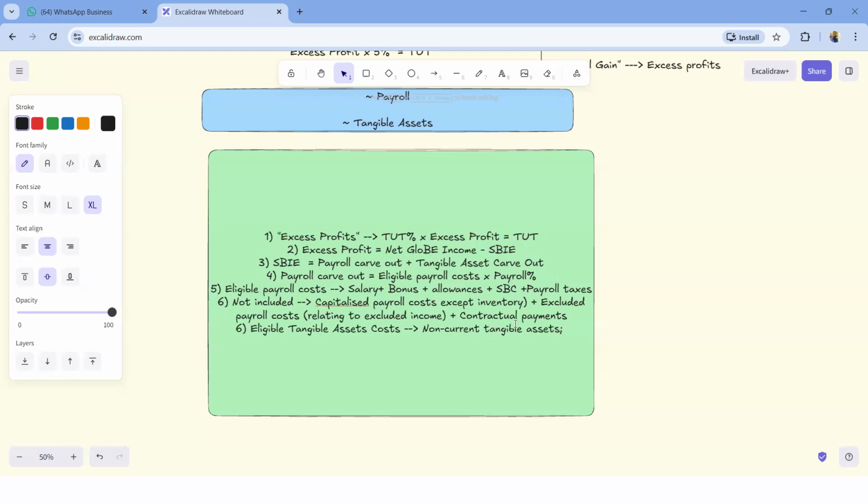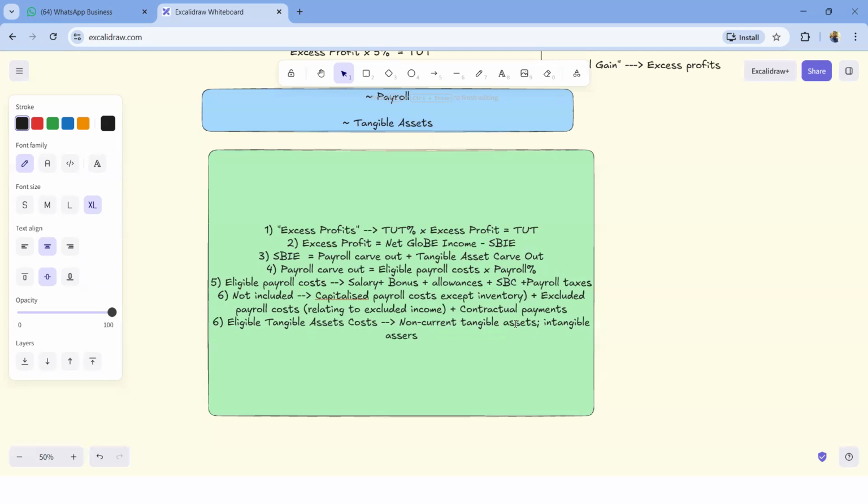All the others, like intangible assets, receivables, cash and cash equivalents, are financial assets.